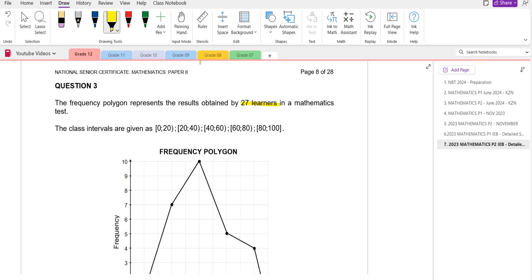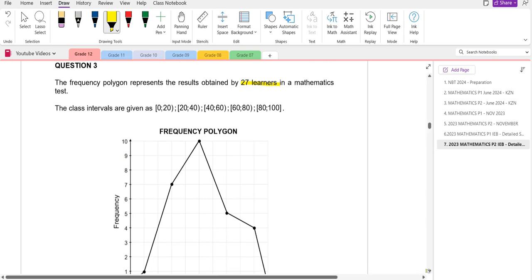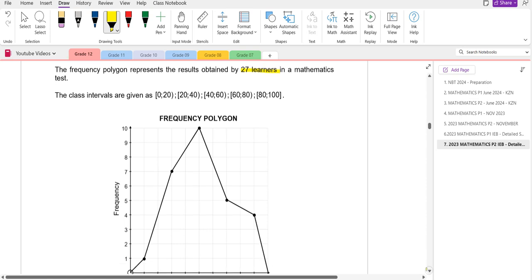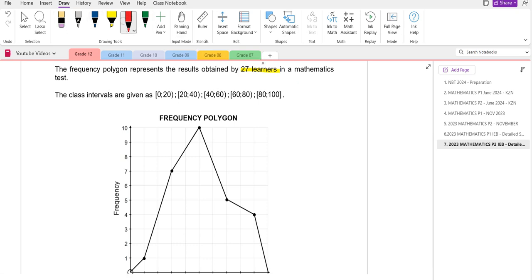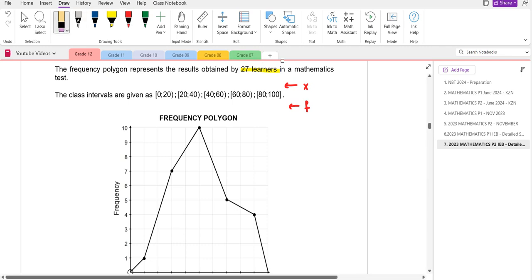If those are the class intervals and that's a frequency polygon, I want to figure out what the frequencies are on each one. Let's put the frequencies here, and I also want to know the midpoints, because maybe we need to find the mean.